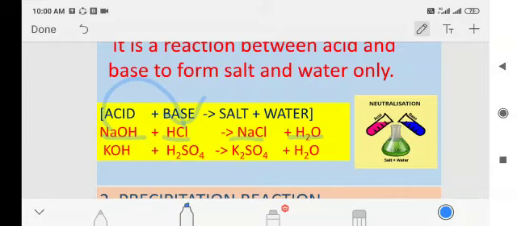Radicals are exchanged here, and from the center water is formed, and salt, of course, NaCl, and water. And in the second case, potassium is combining with the sulfate. Compounds are interchanging their radicals, and the reaction takes place like this. In this way, potassium sulfate and water are formed. I think it is clear for you.